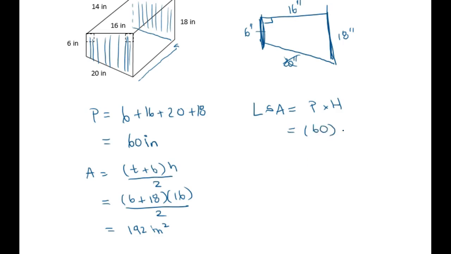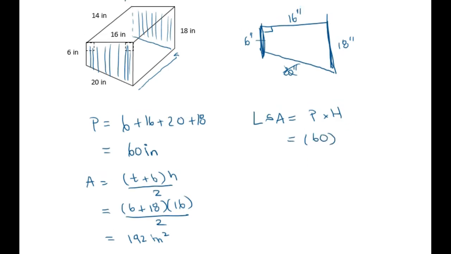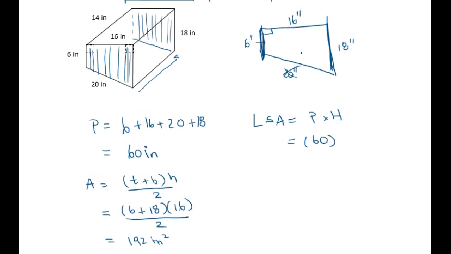And we want to multiply that by the height, or the length, of our actual prism. So it's not really looking at the base, but at the actual prism. This would generally be our height or length between our common faces. That would be 14 in this case. So 60 inches times 14 inches, and again it's inch by inch, so we end up getting a lateral surface area of 840 inches squared.